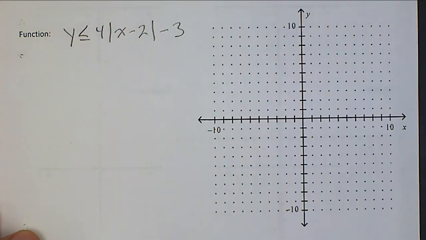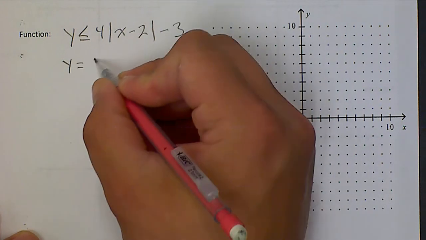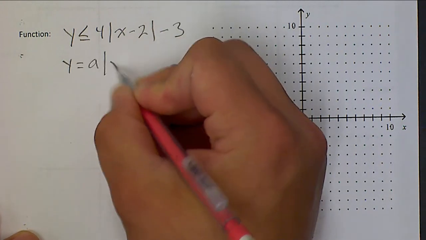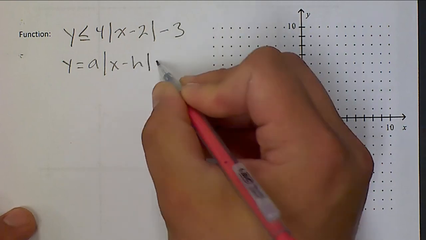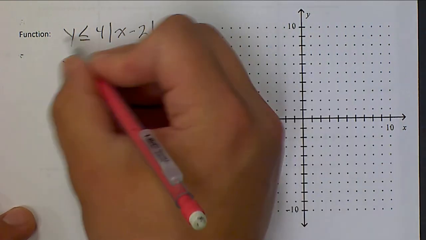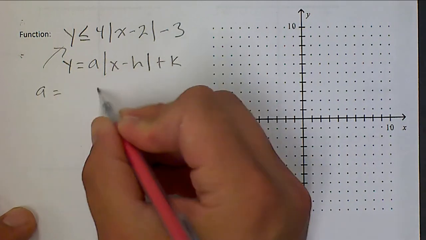Again, the form of absolute value functions is y equals a times the absolute value of x minus h, plus k. Looking at this inequality, we can find a, h, and k.